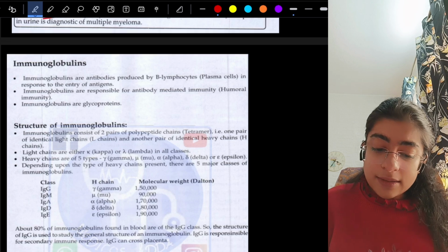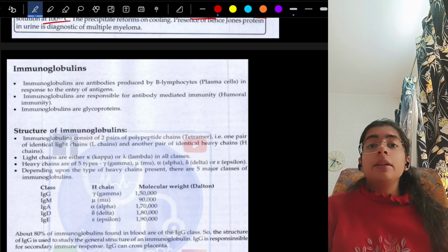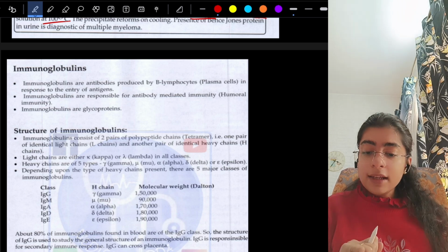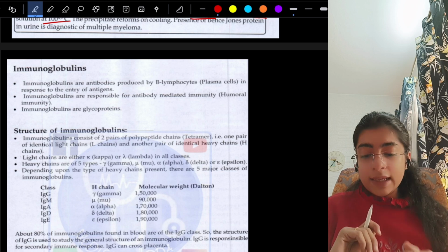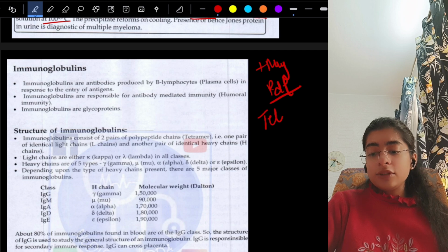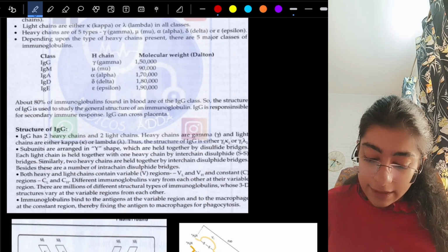Now, immunoglobulins. This we can study very well in the immunity chapter when we will study everything about immunity. So I am leaving this immunoglobulin part right now, but yes, this is included in my PDF. You just need to log on to my Telegram channel and look out for this PDF. You will get everything related to it.